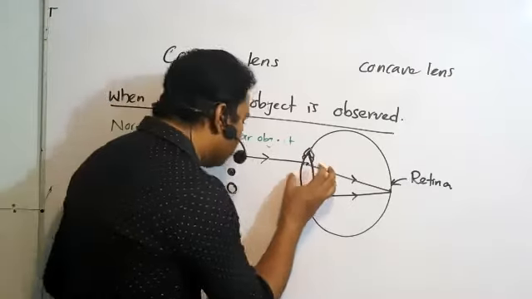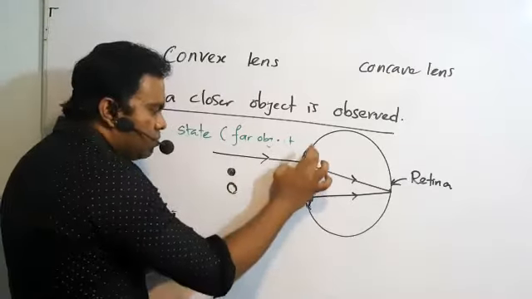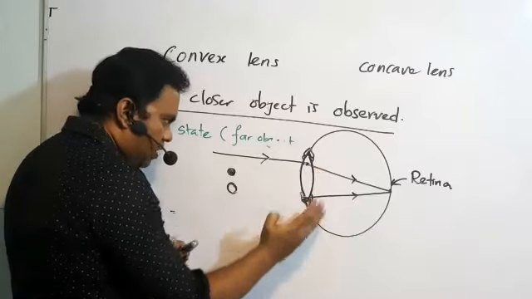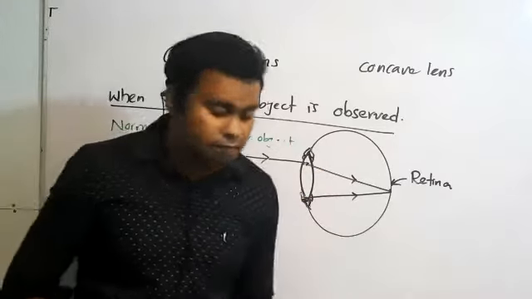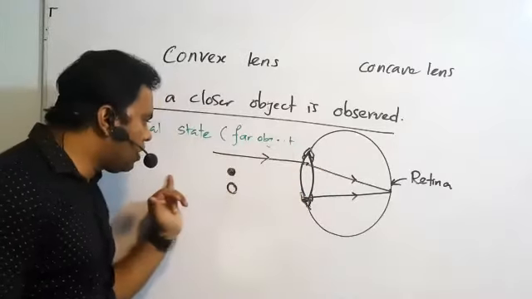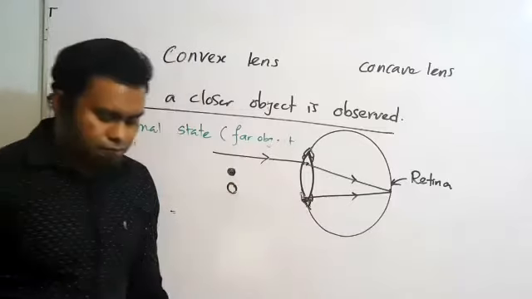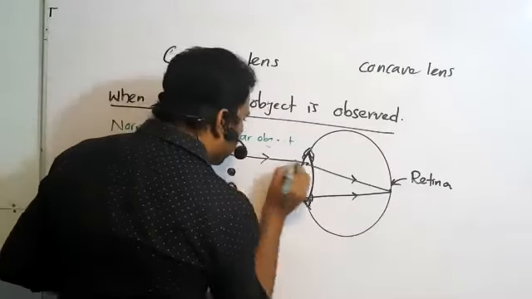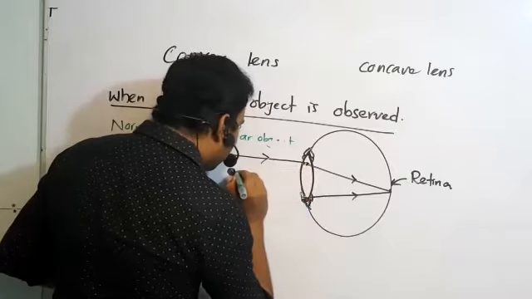Same curvature, we don't allow the ciliary muscles to increase or decrease the curvature of the lens. Curvature is the same, but we take the object closer. Now, the new light ray is like this.